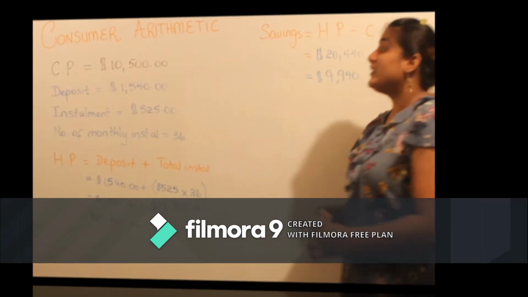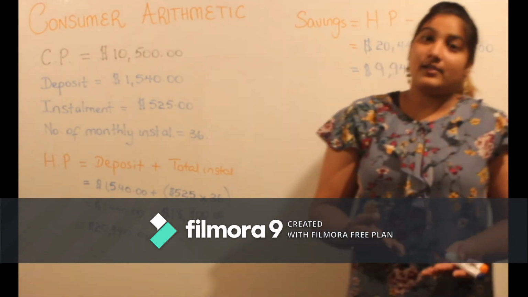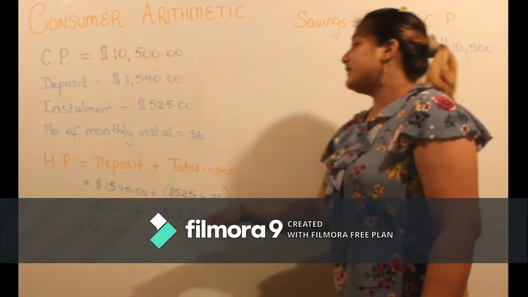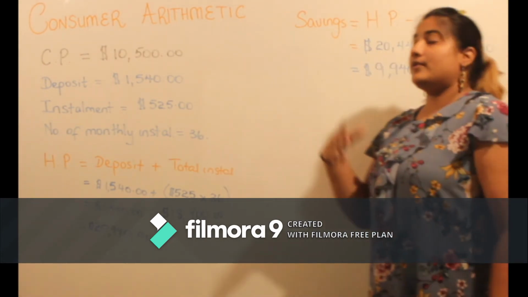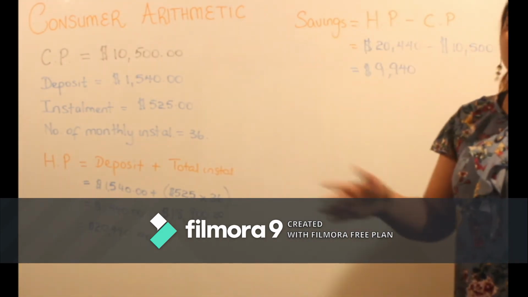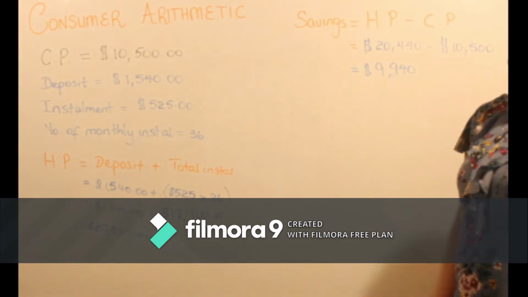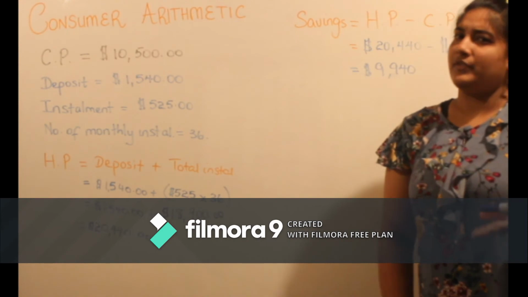One of the things I really like about consumer arithmetic problems is that certain topics just link to others, and you can make one really big question out of so many little topics. That's how percentage profit links up with the hire purchase here. So how do we calculate percentage profit?